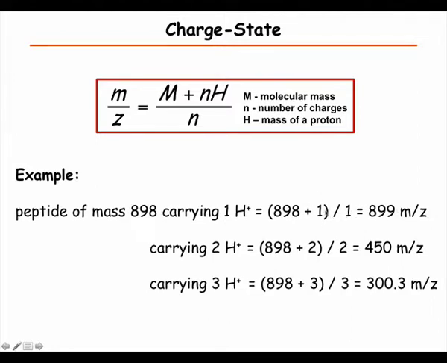And of course, if we do a high accuracy measurement, we shouldn't use integers, but we should use the exact mass of the proton and the exact mass of the peptide. But this is just an example. Then the same peptide, if it has 2 plus, the M over Z is 450. And with 3 charges, 300.3. So that's quite straightforward to calculate.